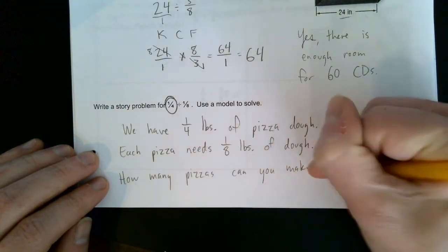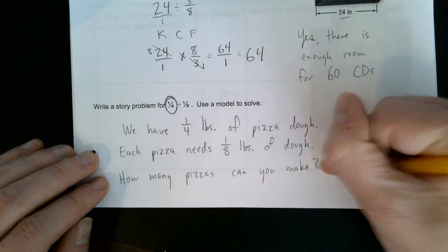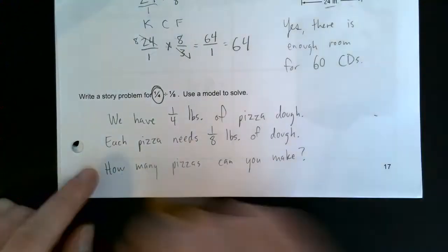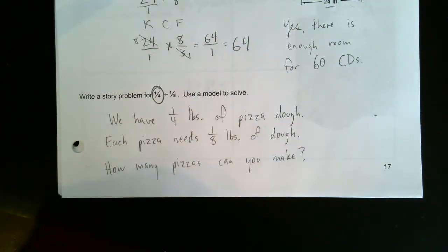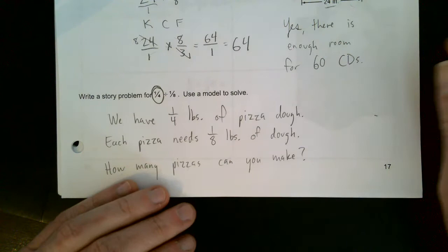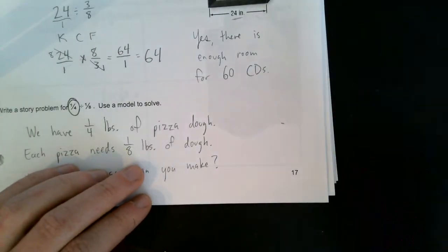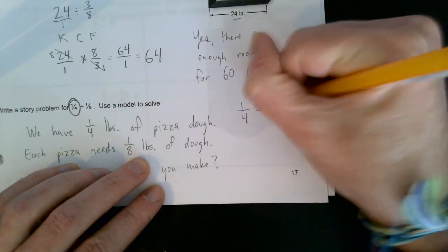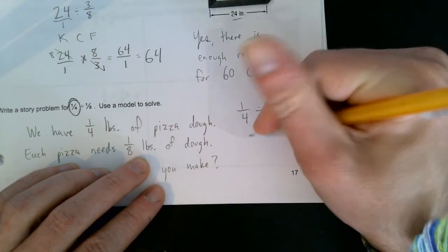So we have 1/4 pounds of dough. I'll leave that up there if you need to copy that down. That's our dividend. That's the number being divided up. And we're going to divide it into groups that are 1/8 pounds in size. This one seems like it's going to be pretty straightforward. So 1/4 divided by 1/8.